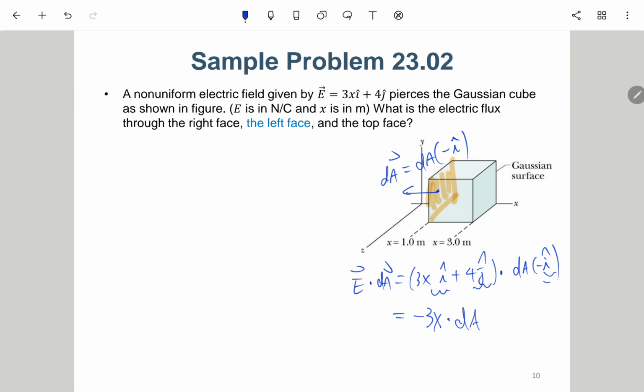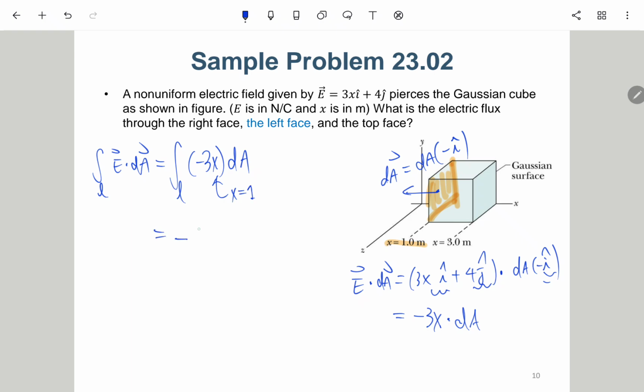Here we are calculating the integral of E dot dA for the left surface, so we put an L here. We have the integral of negative 3x dA for the left surface. For the left surface, x is always 1, so we put x equals 1 here.